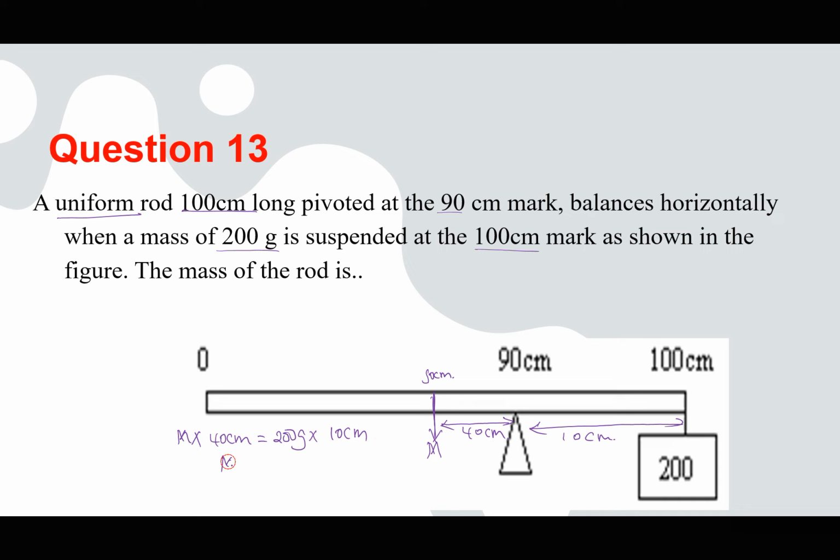So M is going to be 200 grams times 10 centimeters divided by 40 centimeters. So this gives us 2000 divided by 40, which is 50 grams.